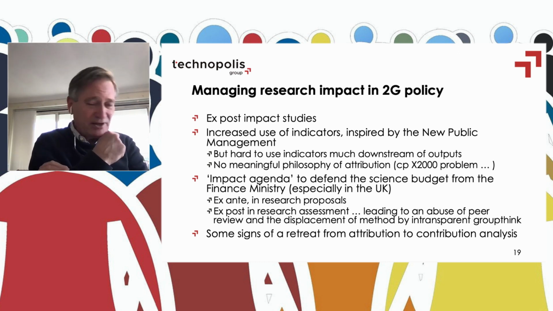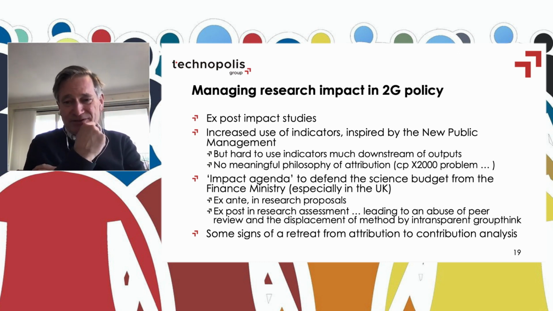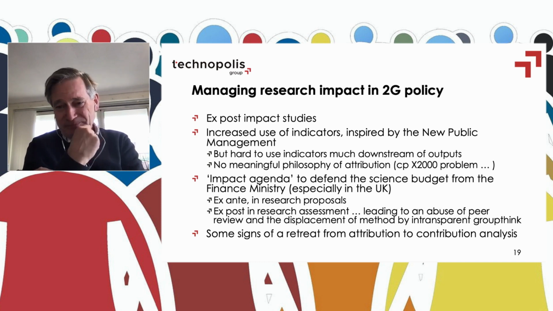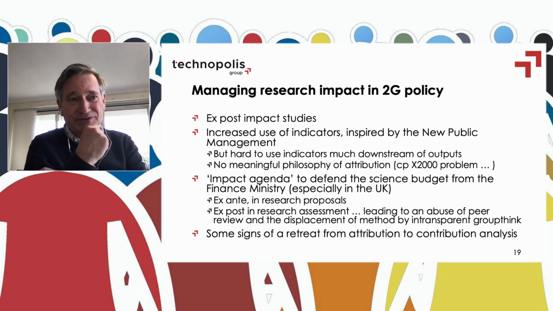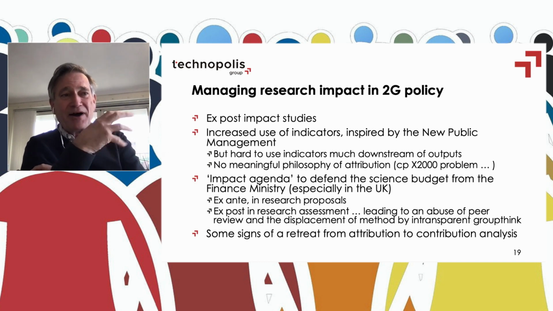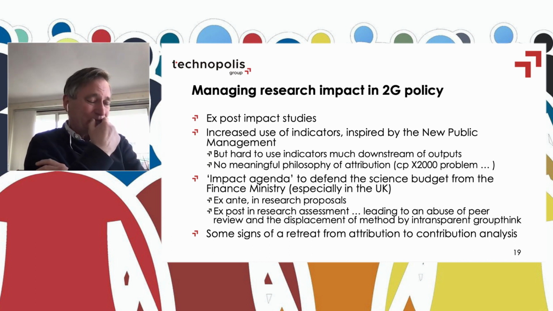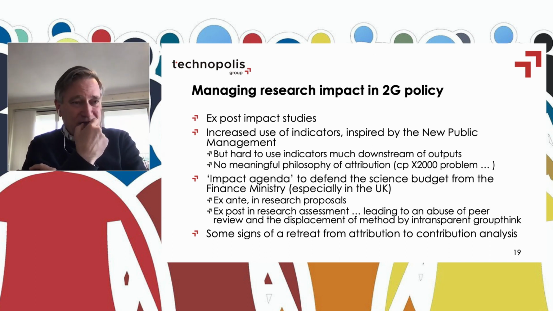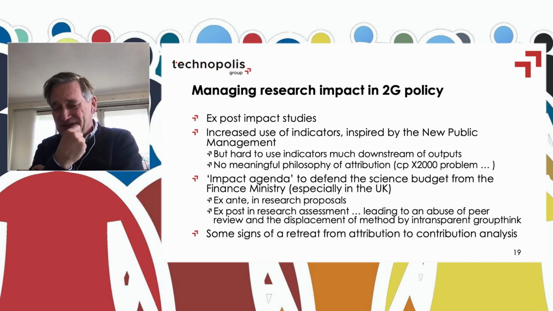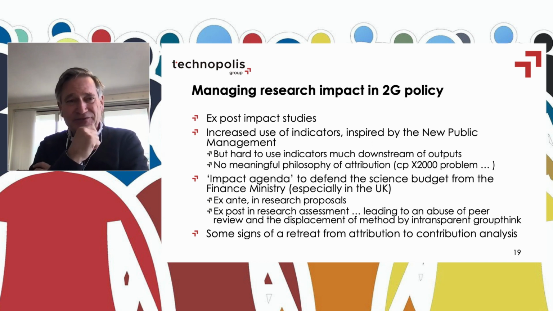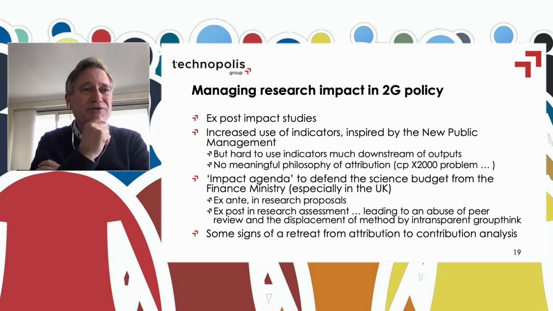It was literally done in order to protect the science budget from attack by the Treasury in around 2000, when the science budget was in some serious danger. And that idea then moved into the research assessment exercise in 2014, which was a massive version of the kind of thing that Louise was talking about earlier on.